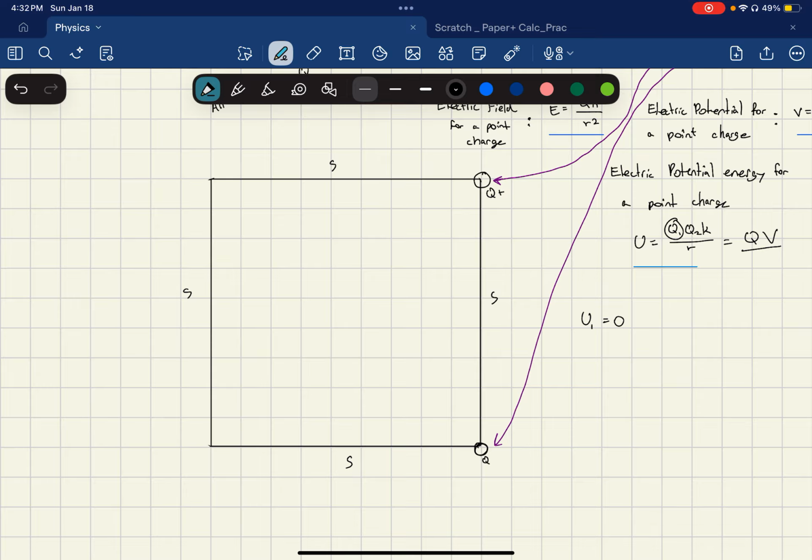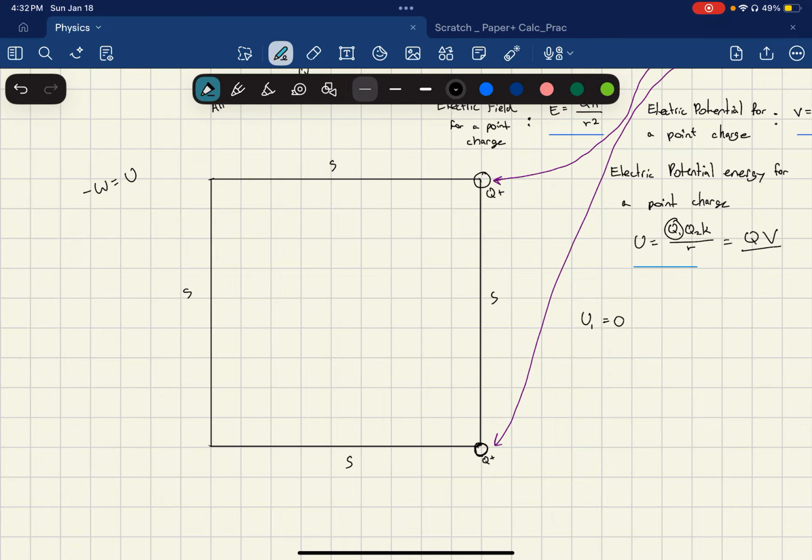Since this is a positive charge, I'm fighting against another positive charge that wants to push away, because this is a repelling force. This wants to push this charge away from entering the system. But it took negative work to bring this charge from infinity all the way here. And we know that negative work is equal to positive potential energy. So this took positive energy. This increased the potential energy of the system.